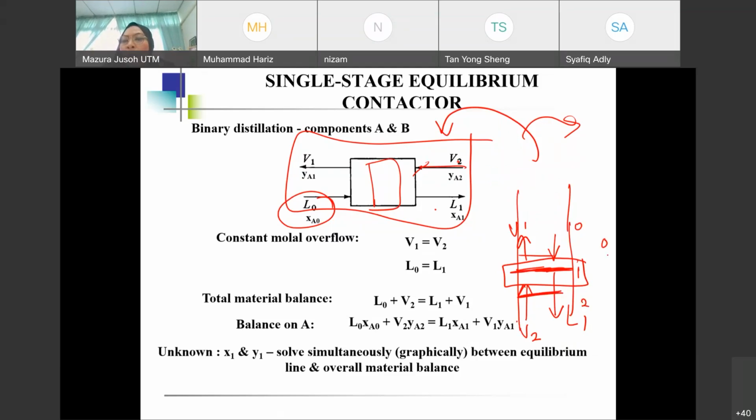This is L naught because it comes out of tray number 0, and this is L1 because it goes out from tray number 1. This is V2 because it's coming out of tray number 2 and goes into tray number 1. So this is how the symbols are put together for the diagram.